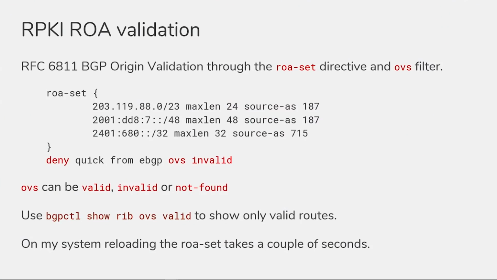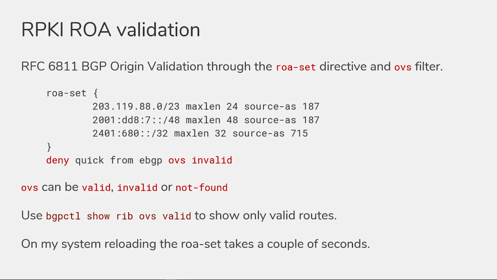Let's have a look at these big things a little more concretely. For the RPKI ROA validation, we have a ROA set where you have the usual things: you can define the prefix, the max len, the source AS.